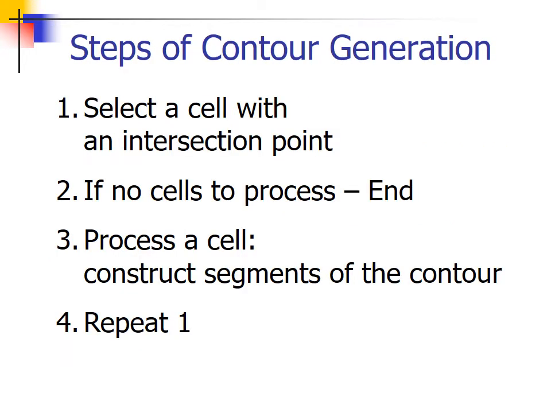The general steps of the contour generation are represented on this slide. The first step is selection of the cell with an intersection point, where the plane intersects the function z. If there are no cells to process, then it is the end of the algorithm. The next step is processing a cell and constructing segments of the contour. Next, repetition of the first step.